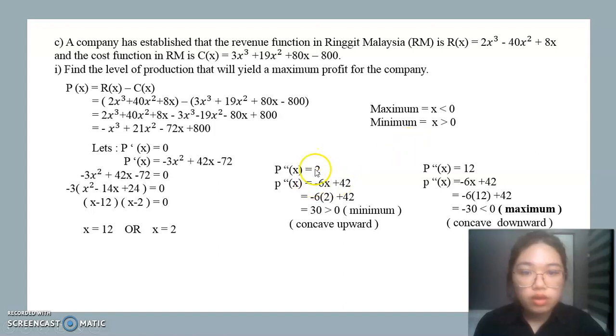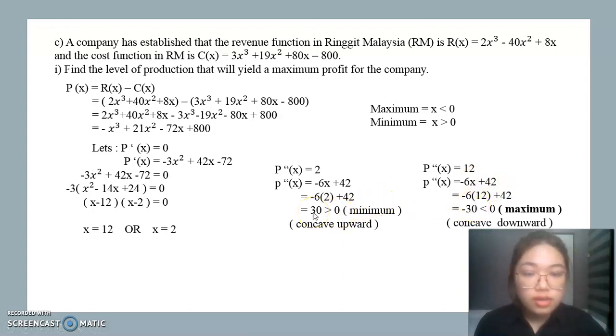First, we substitute the critical points into the second derivative equation, which is negative 6x plus 42, and then we get 30 for x equal to 2. Same step for the other test value, and then we get negative 30.